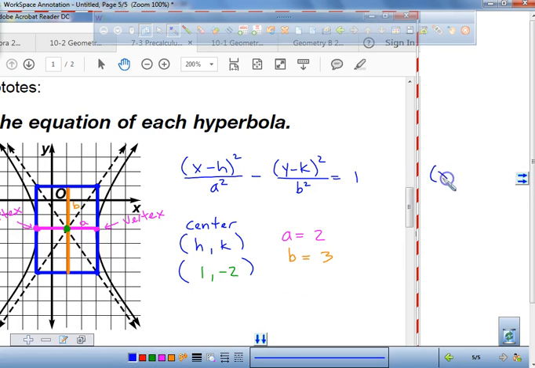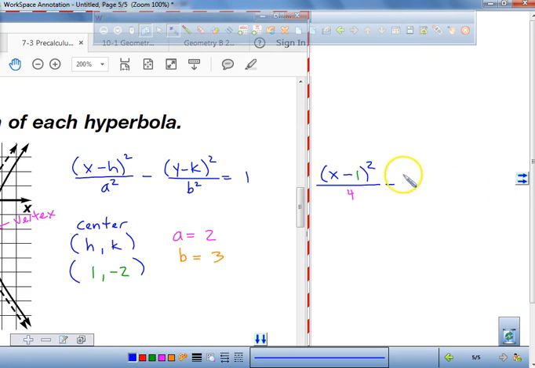Here's your final answer. X minus, what's our H value? 1. X minus 1, squared, over what is our A value squared? 4. And you put minus y minus, what's our K value? Negative 2, right?